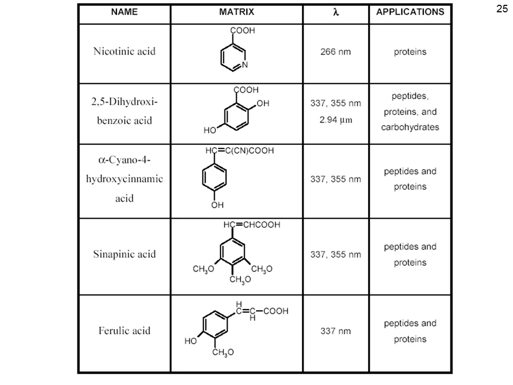It contains another double bond to have a conjugation with the aromatic system, as does alpha-cyano. And at the bottom we have ferulic acid. You can see while there's a wide variety of matrices, they are structurally all very similar because of the requirements to absorb the laser light and to transfer protons.